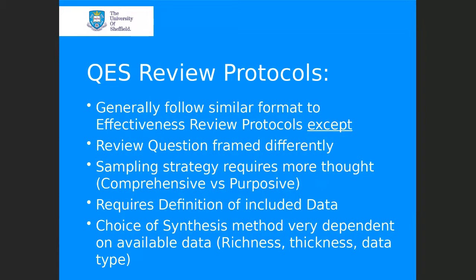And if we think, by contrast, of a systematic review of effectiveness, then the decision is usually about whether or not meta-analysis will be possible, and if it is possible, whether our model is a fixed effects or a random effects model, whereas the choice of synthesis methods for qualitative reviews is a much wider choice and will require more time.